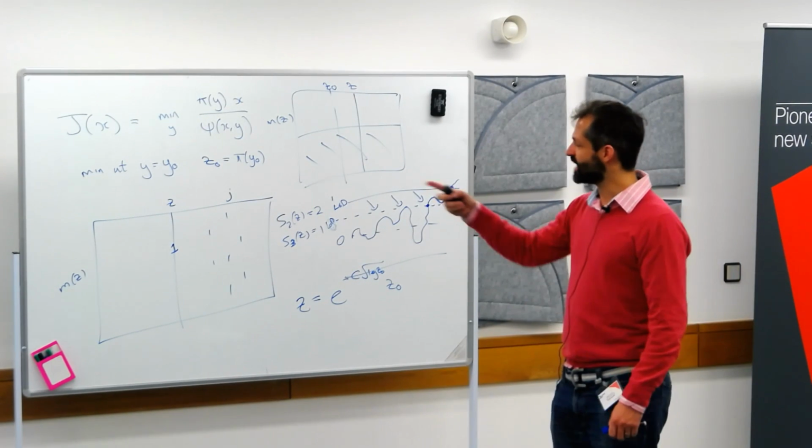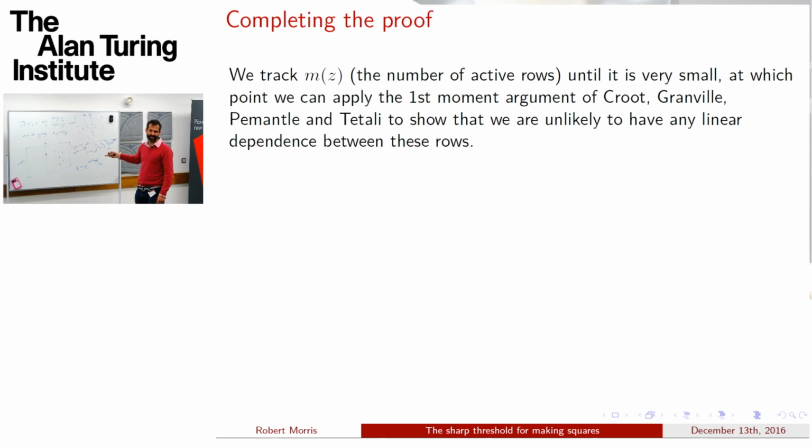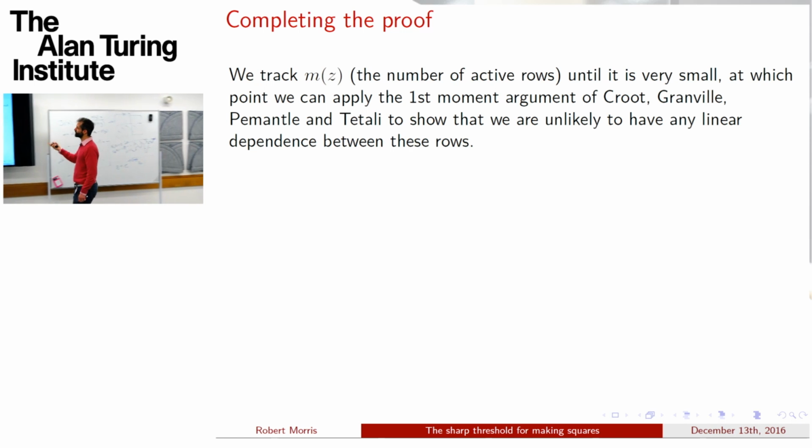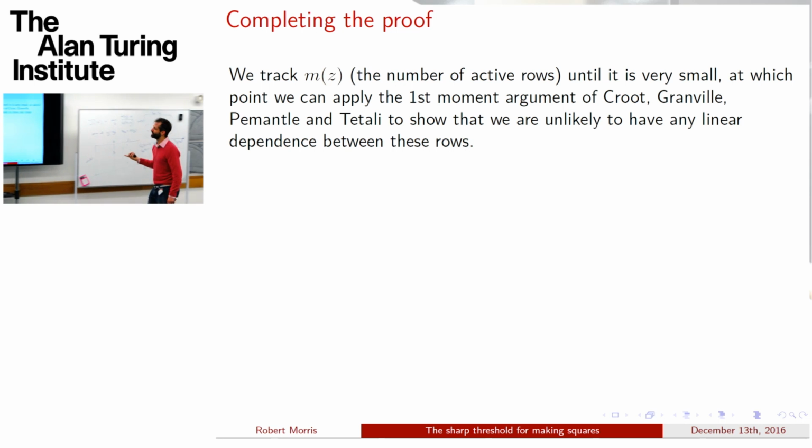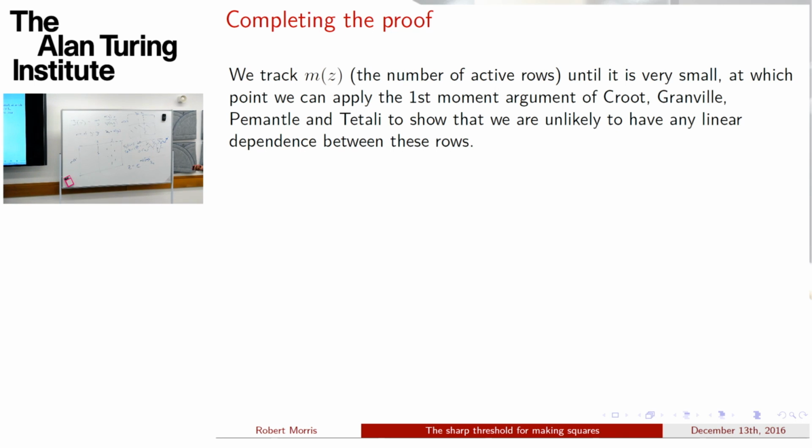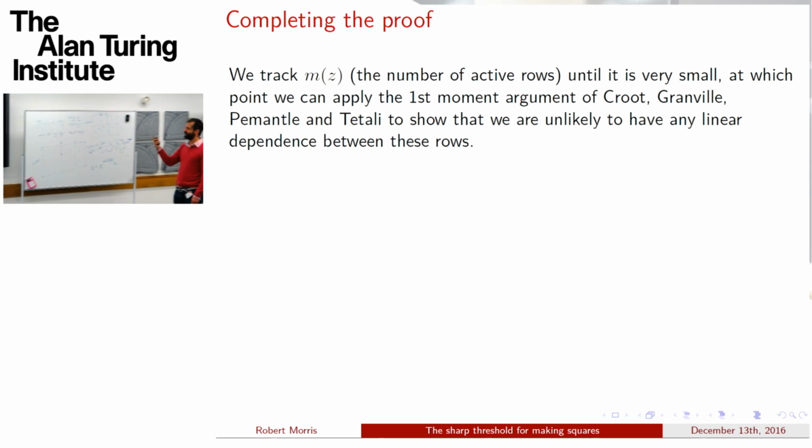At which point m of z is a very small constant times z, which turns out to be exactly what you need in order to apply the first moment argument of Croot, Granville, Pemantle and Tetali. Okay, so in fact, we can just apply a result of those.